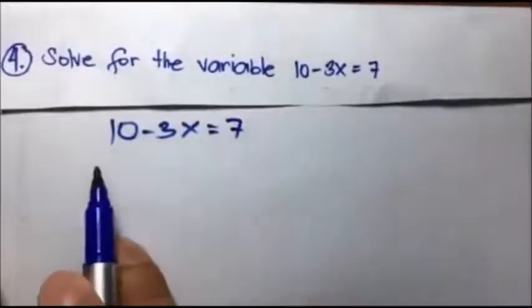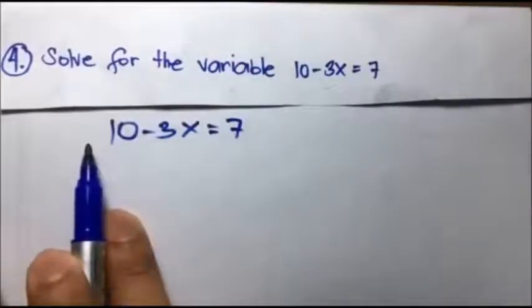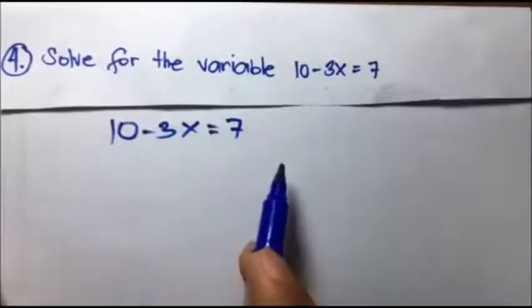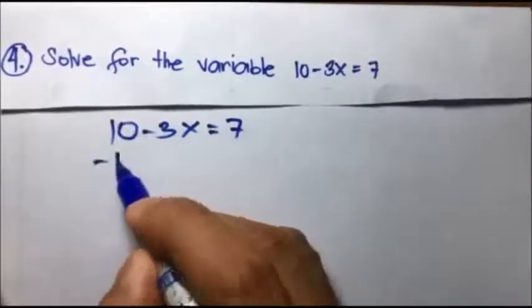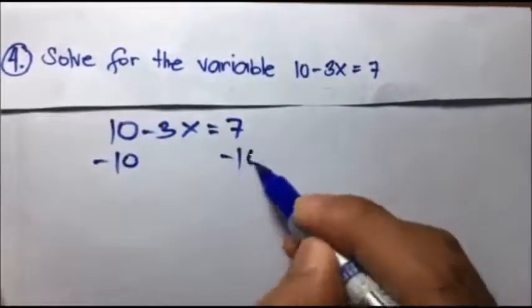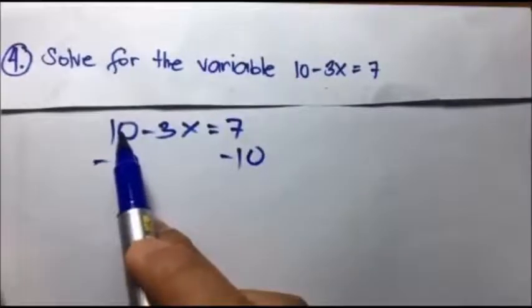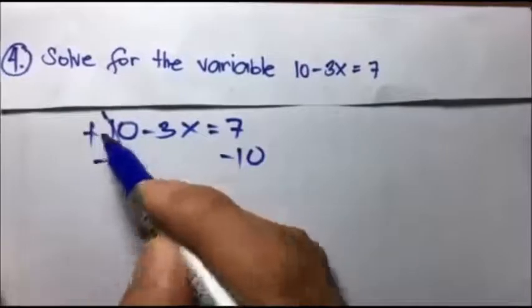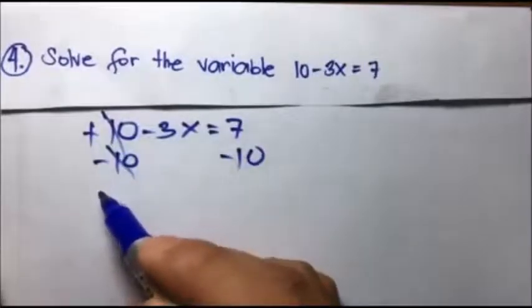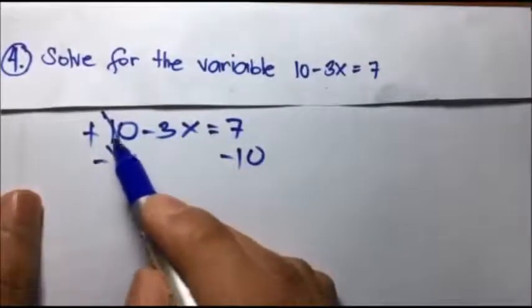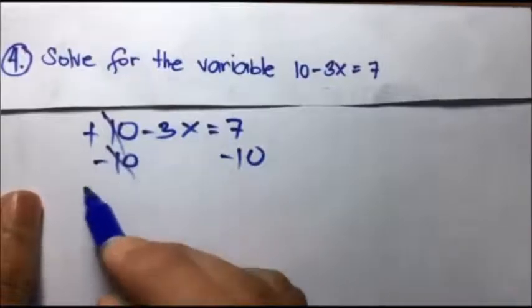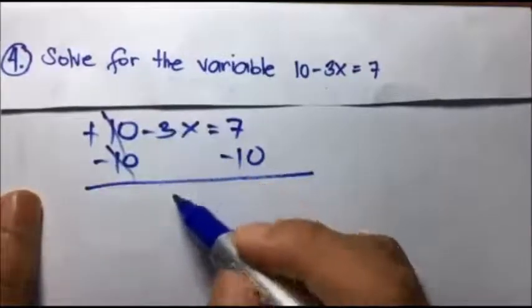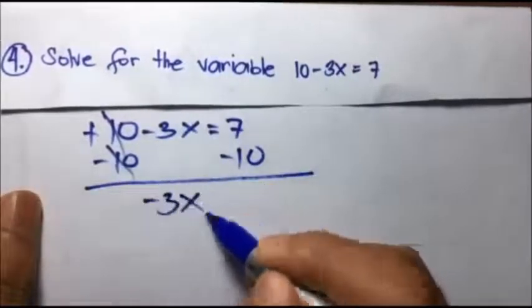So we need to subtract 10 from both sides, so that we can cancel this 10 here. Positive and negative cancel, 10 minus 10 equals 0. Bring down negative 3x.